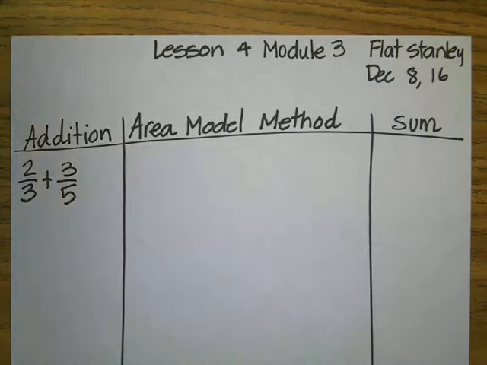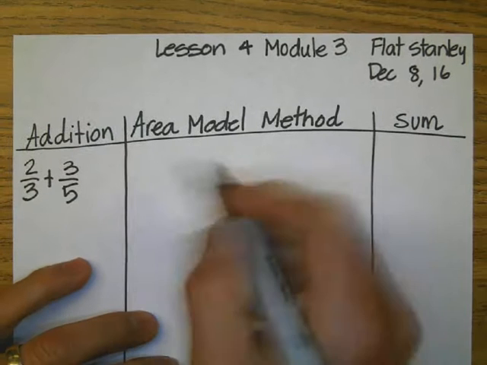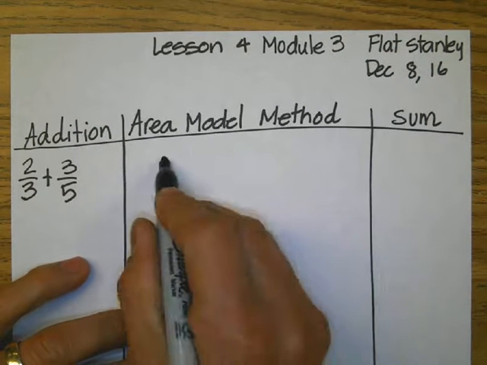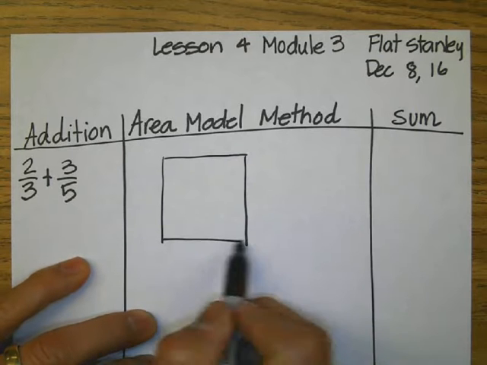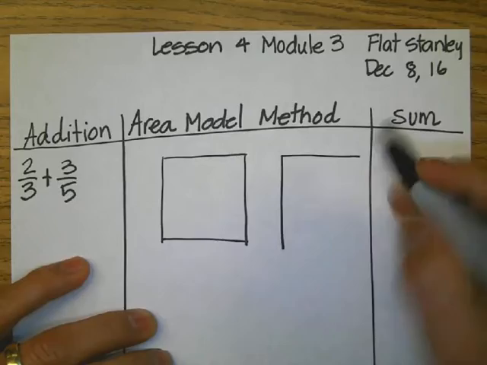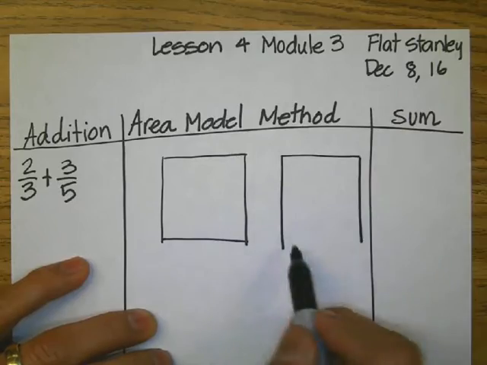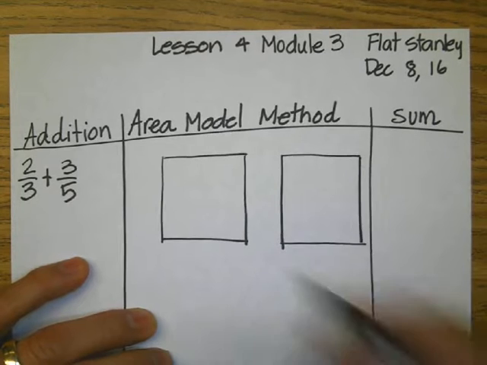Okay, here we go, my friends. This is how we are going to review something that we've done already. The area model method allows us to understand how to find the common denominator for an addition of fractions that have different denominators. So what are we doing right here?